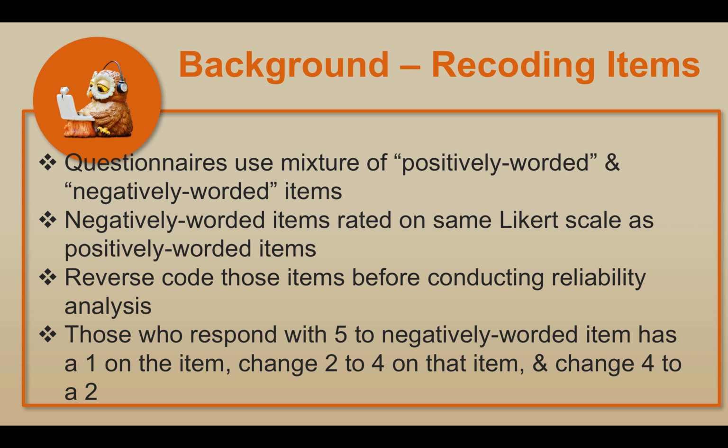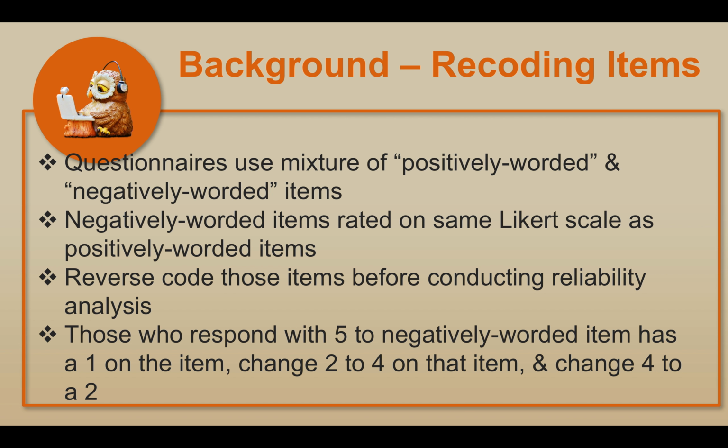So, before you can do a reliability analysis, you are going to have to do some recoding. You have to make sure that your negatively worded items are coded with the negative numbers, and that your positively worded items are related to those positive numbers.